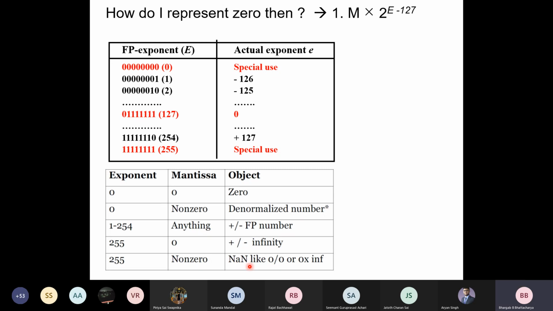Now, what is NaN? Not a number. It is used to represent either 0 by 0 or maybe 0 times infinity or maybe the root of -3, an imaginary number, this kind of not a number. So this tells you the very special uses, okay?